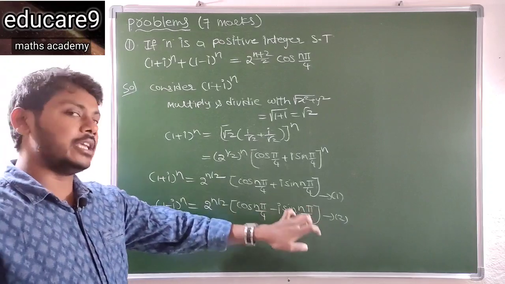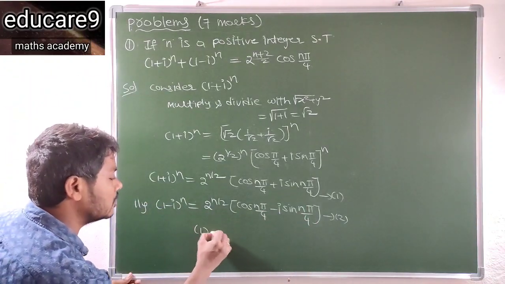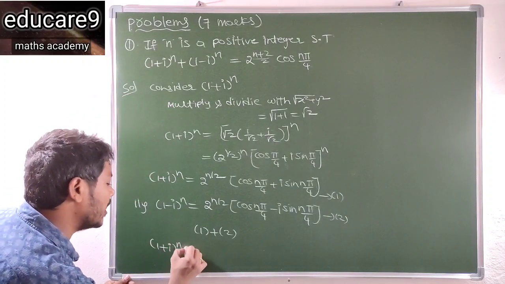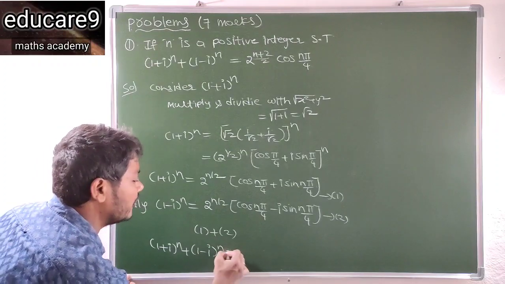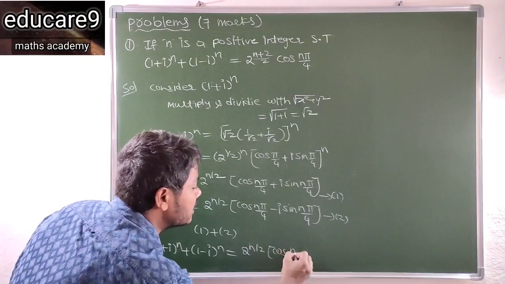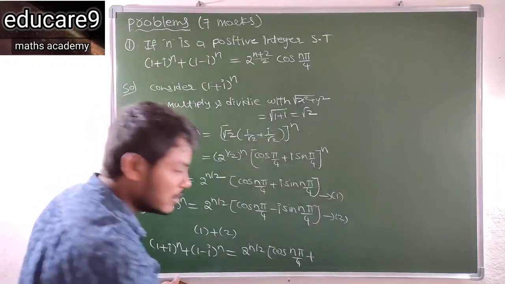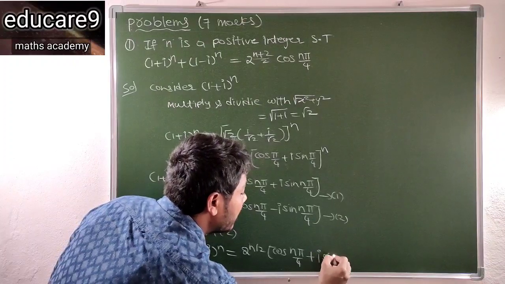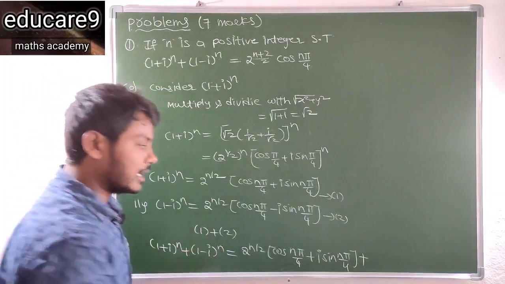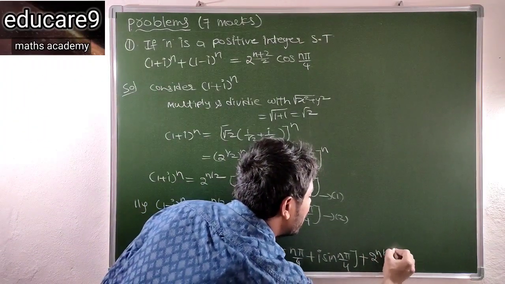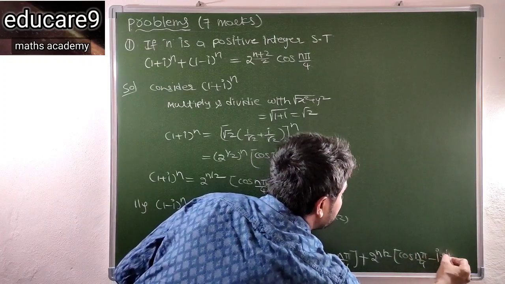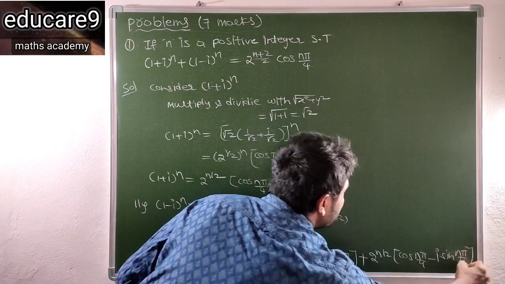Now you have to add both the equations, that is 1 plus 2. So what do you get? (1 + i)^n + (1 - i)^n is equal to 2^(n/2) (cos nπ/4 + i sin nπ/4) plus, the second one again, 2^(n/2) (cos nπ/4 - i sin nπ/4).